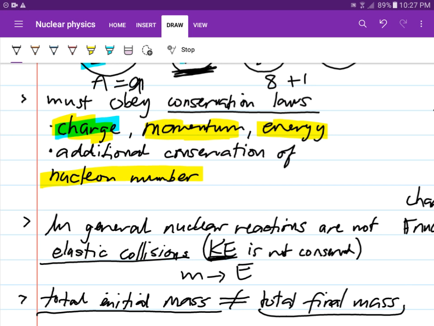If you want to combine, say, some nucleus, you need energy, binding energy, to be converted into mass. This stems from Einstein's equation, E equals mc squared.